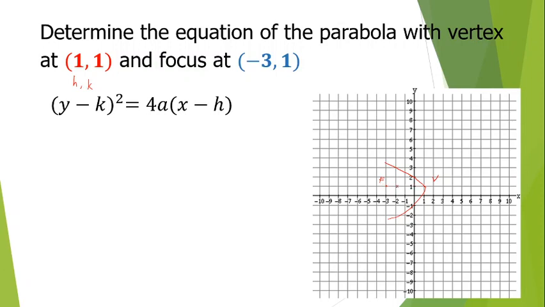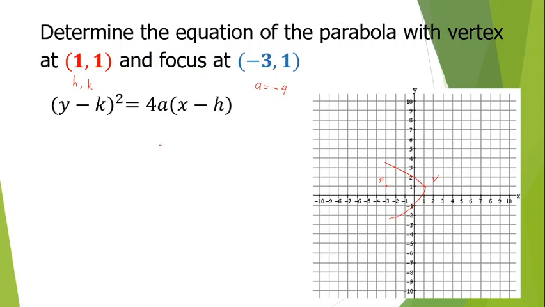So 1, 2, 3, 4. And since the opening of the parabola is to the left, a should be negative. So the value of a is negative 4.